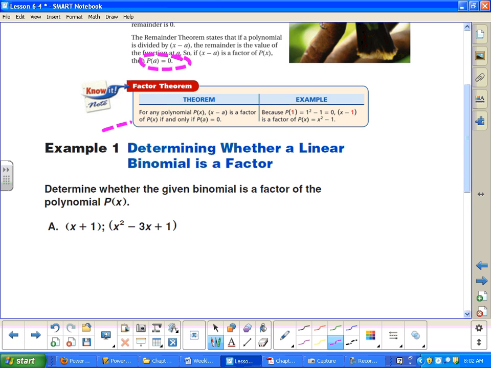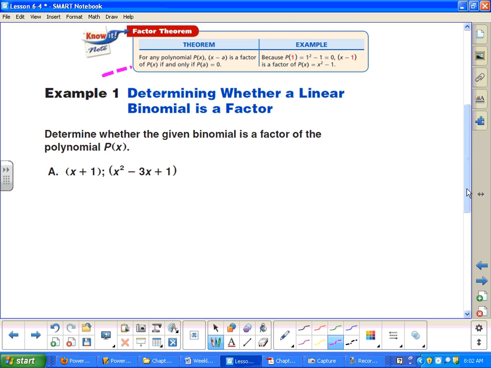So let's do letter A here. All I need to do is a little bit of synthetic division. My 0 here for the x plus 1 would be negative 1. So I'm using the 0 and checking, by using synthetic substitution, to see if I end up with 0. If I do, it's a factor.